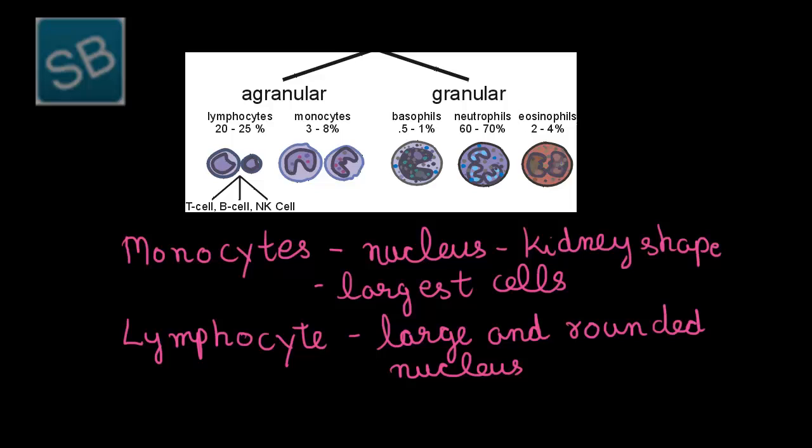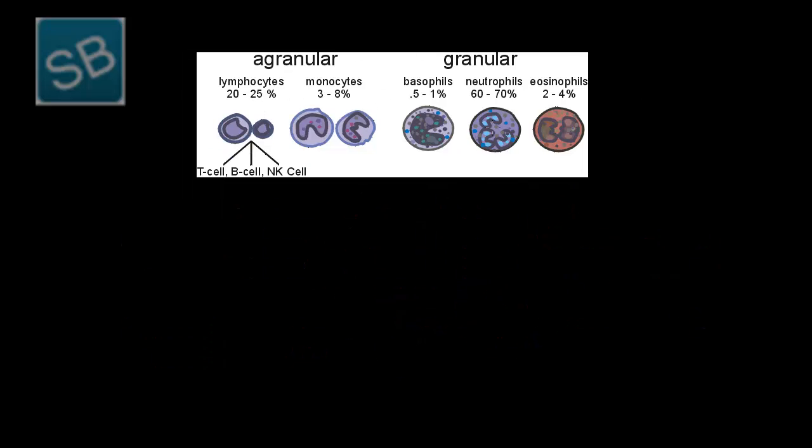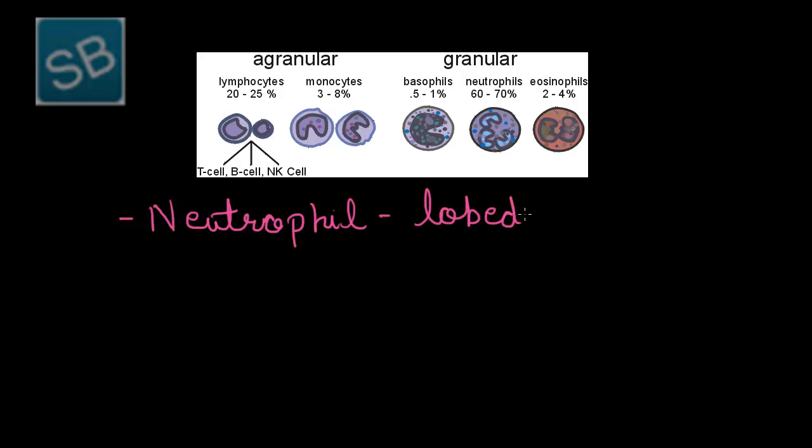The second type of WBC is granular. Neutrophils constitute the maximum component of leukocytes. These blood cells have a lobed or circular nucleus.